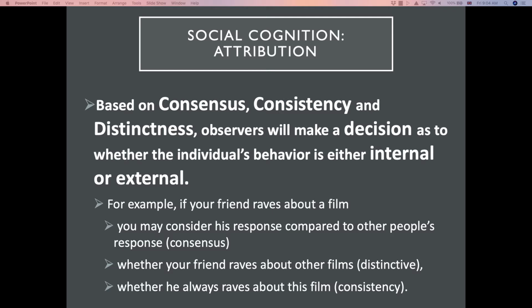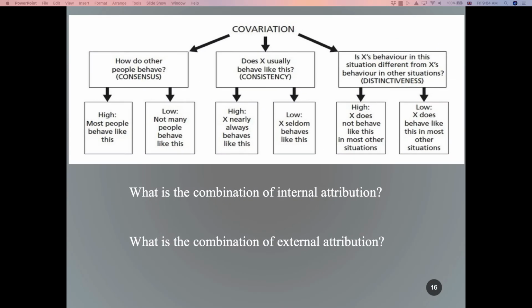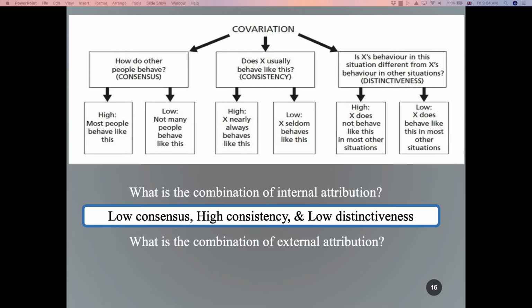Does your friend rave about all genres of films, or does he just like action movies? And is he consistent about the way in which he raves about films? Does he love all films, or does he sometimes not like films? So the combination is important, and this will lead us to either an internal attribution or an external attribution.